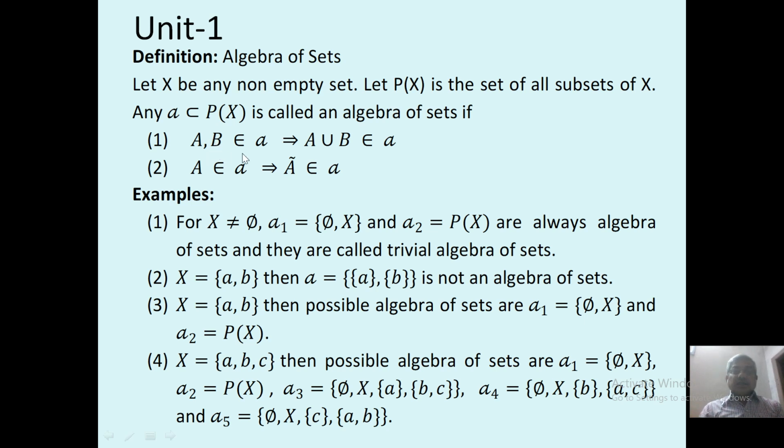The two conditions are: union of two members of script A is also a member of script A, and complement of a member of script A is also a member of script A.